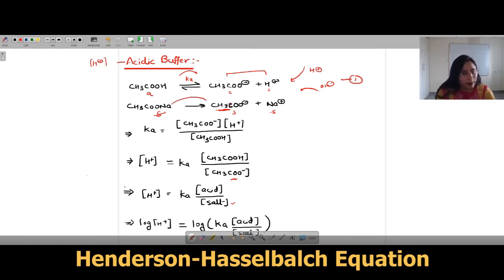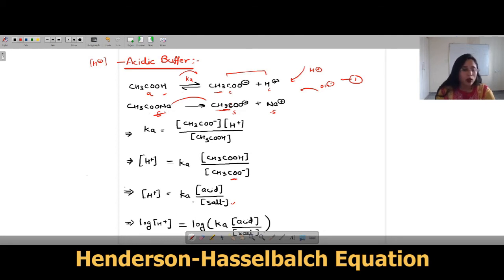At the same time, we have acetate ion and salt with the same concentration, so I can replace the acetate ion with the salt. In the salt, after ionization, we get the same percent of acetate ion and the same percent of Na plus ion. So I can replace this acetate ion with salt.